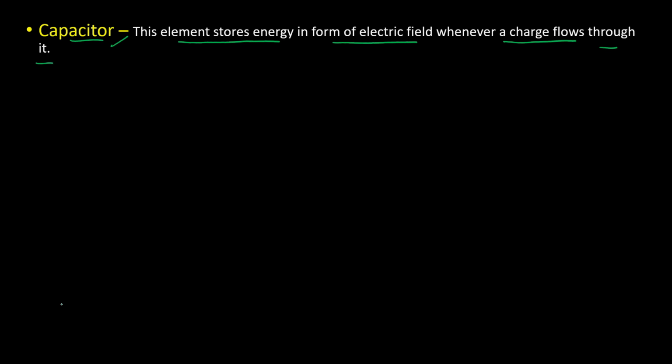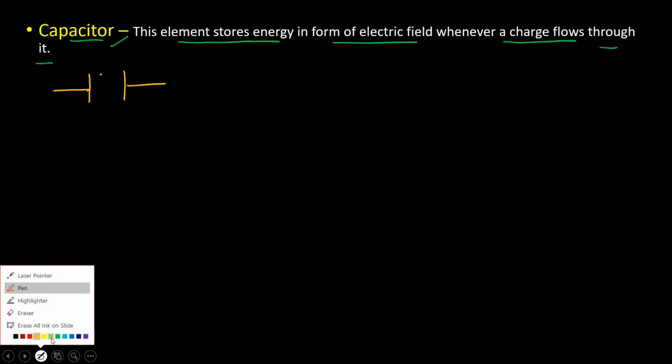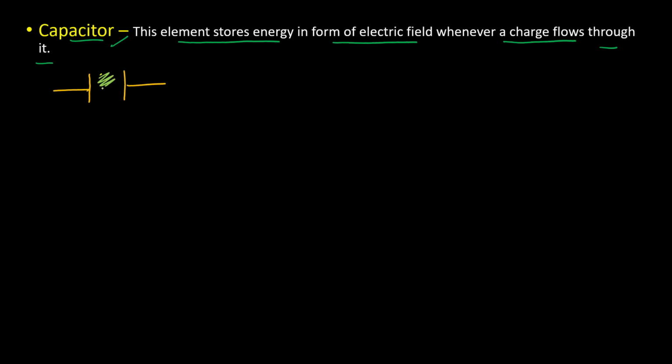A capacitor consists of two conducting plates, which are separated by some kind of dielectric. So what is a dielectric? A dielectric is a medium which is insulating in nature. It can be air, plastic or wood, any kind of non-conducting or insulating medium.